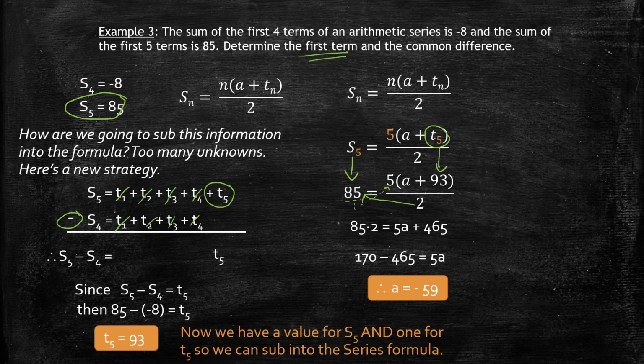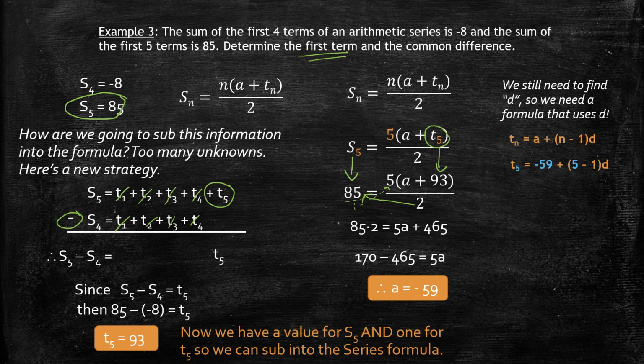Okay, but we're not done because the question also asked for the common difference. We still need to find d, so we need a formula that has a d in it. I can't go back to my sum formula. There's no d there. That's not going to get anything that way. So we go back to our 7.1 formula, subbing in those 5s, and now we know what a is, right?